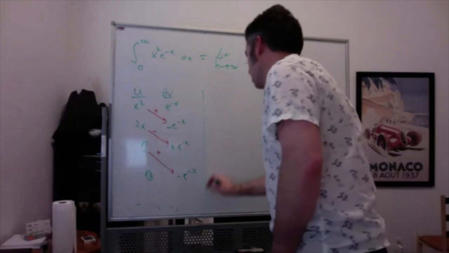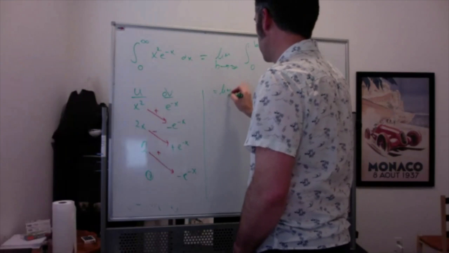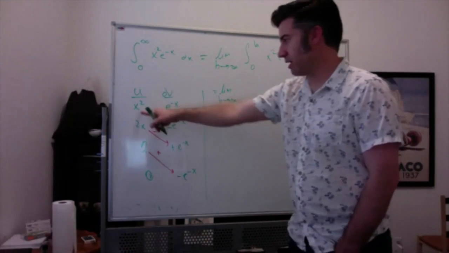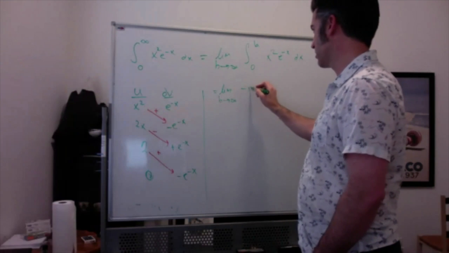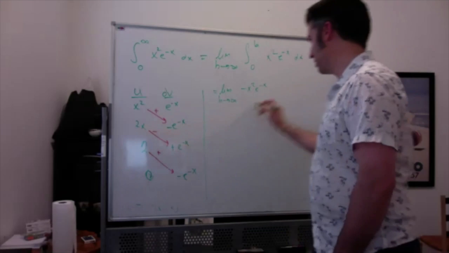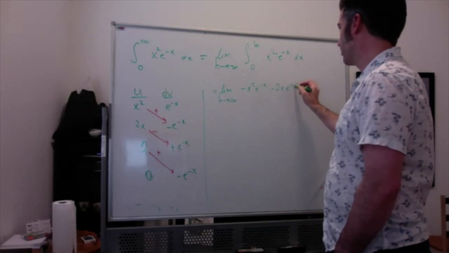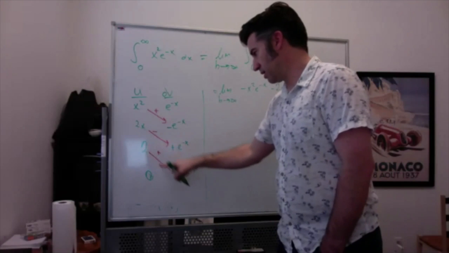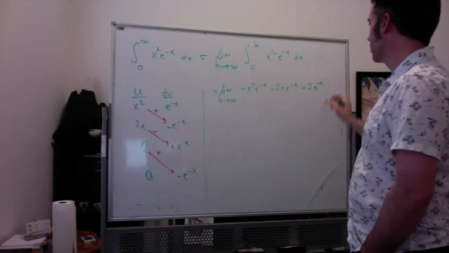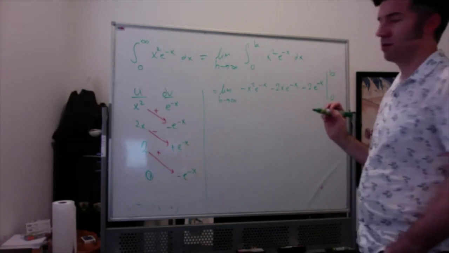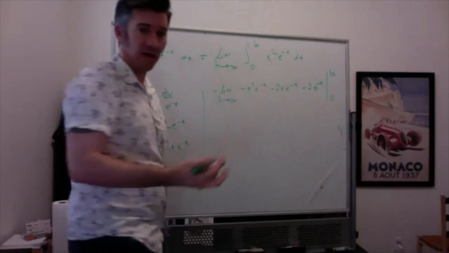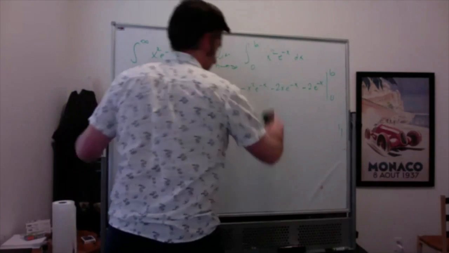So this is going to be the limit as b goes to infinity of negative x squared e to the negative x, minus 2x e to the negative x, minus 2 e to the negative x, from 0 to b. Okay, so I'm going to rewrite this so that these e to the negative x's are actually in the denominator as e to the x's.